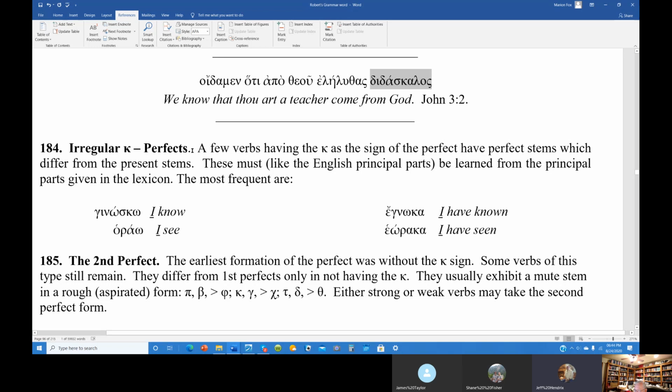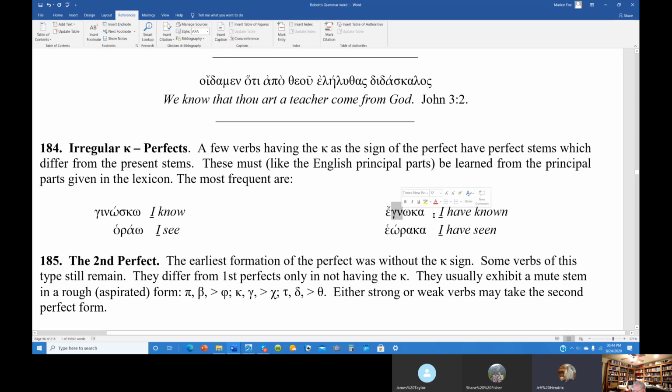Now, the irregular kappa perfects. A few verbs have a kappa with the perfect stems that are different from the present stems. You just have to learn them. That's part of the problem. Ginosko is one of them, and remember your stem is gno.